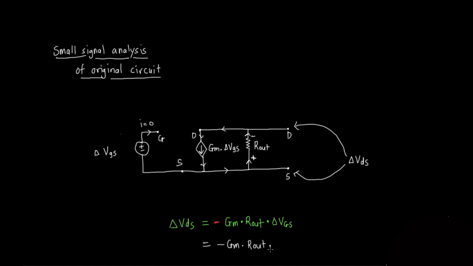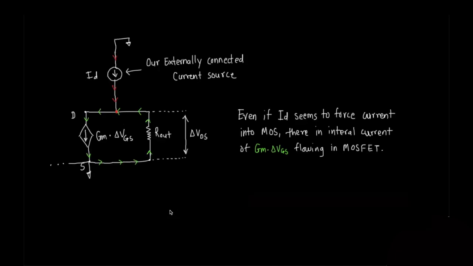Keen viewers would have also noticed that this is where the delta IDS was flowing to. If you haven't noticed it yet, no issues. Here is the simple figure. This was our external constant IDS. Now from the small signal model, we know that there are two components at the drain side which are the dependent current source of value GM times VGS and the Rout resistance.